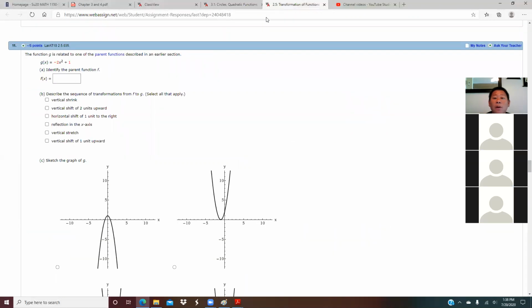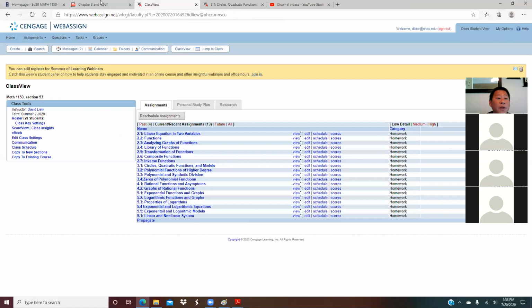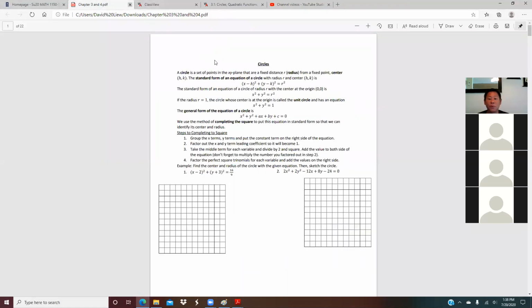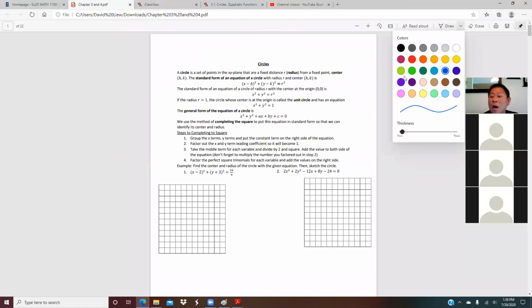What we're going to talk about in chapter 3, the first thing in chapter 3, is about circles. So this is kind of basic circle stuff. Circles have a lot of equations, but this is what we call the main equation.